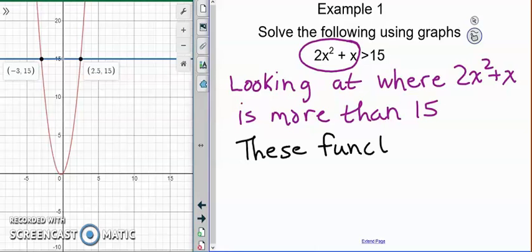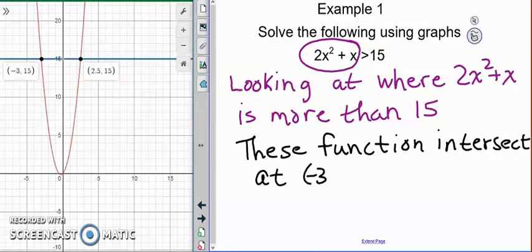So these functions intersect at -3, 15 and 2.5 and 15. So these are ordered pairs where they intersect.